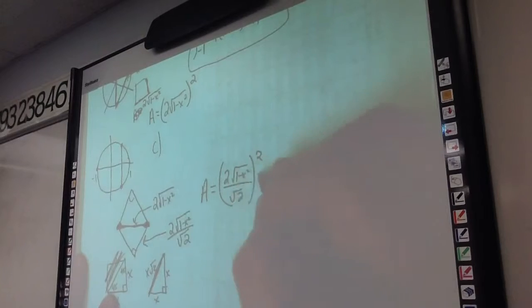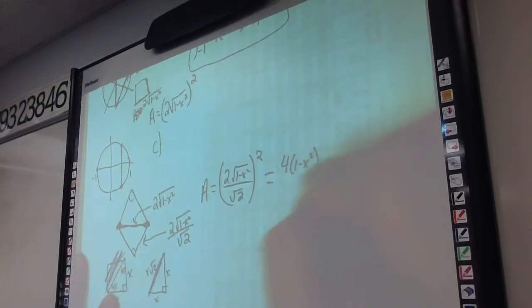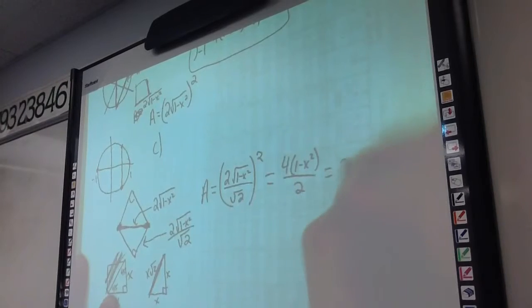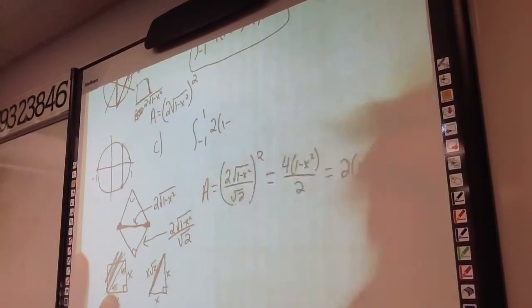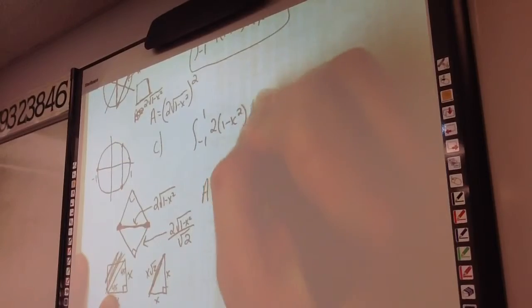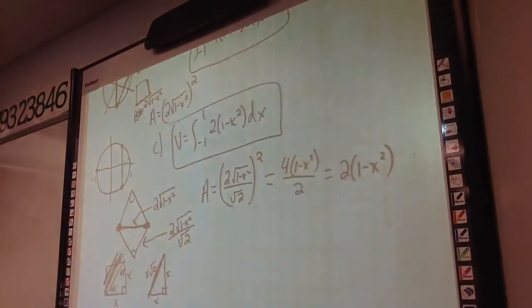It's going to be that times itself. So it's 4 times 1 minus x squared over 2, which is 2 times 1 minus x squared. So your integral will just be from negative 1 to 1 of 2 times 1 minus x squared dx. And that will give you your result.